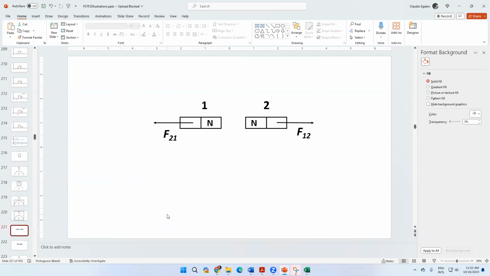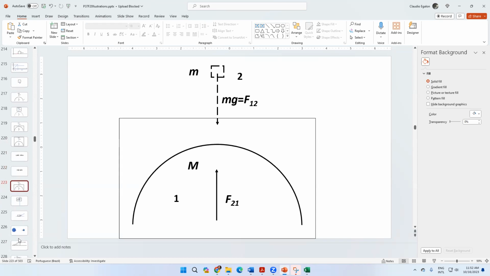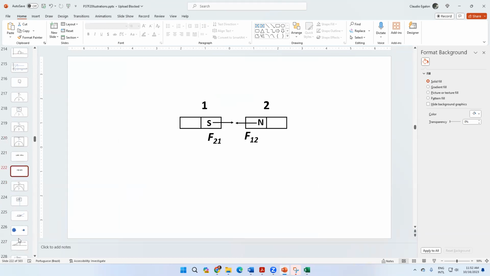Here you go. The case of two magnets, another example. Magnet 1 and magnet 2. Okay, they can either repel each other or attract each other. Repel or attract, and then you can go through the same exercise that we did before.